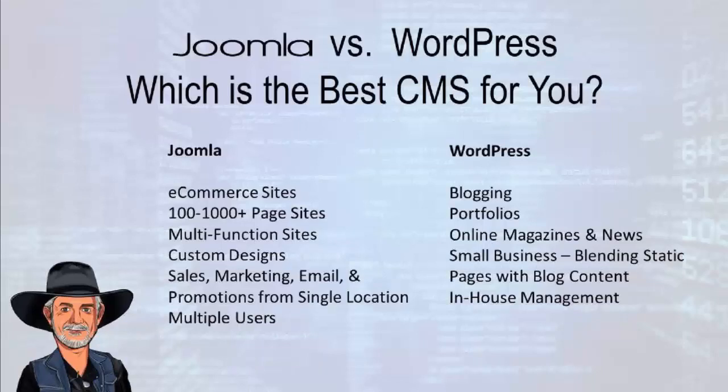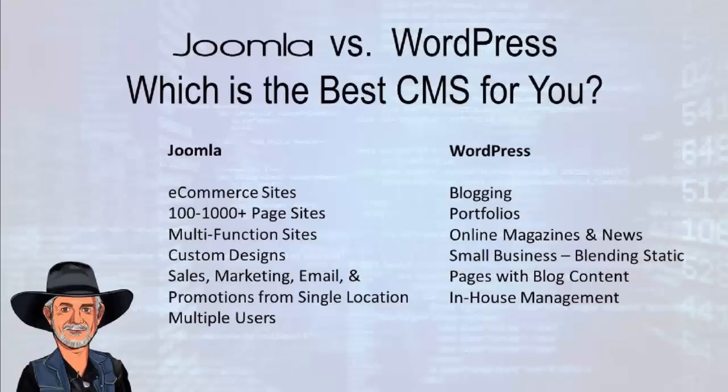So that kind of gets into multi-function sites. Joomla is a very good multi-function content management system. And what I mean by that is that not only can you manage an e-store, but you can also manage a training section. You can have an administration section. You can have part of it devoted to promotions and email marketing.